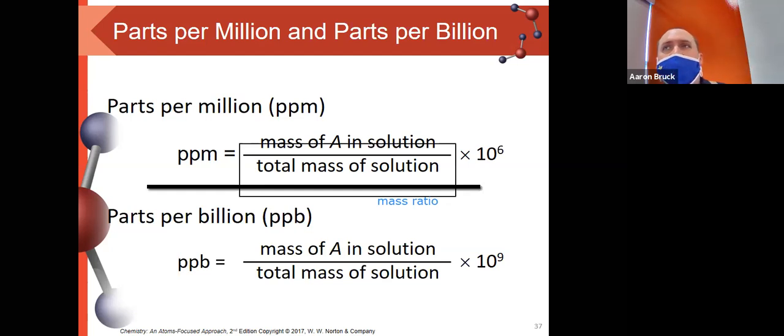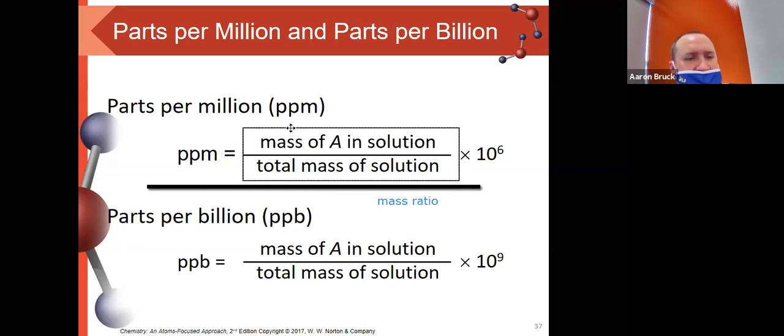Mass percent, parts per million, and parts per billion. All three have the same mass ratio as the fundamental cog of their equation. They all have the same thing.